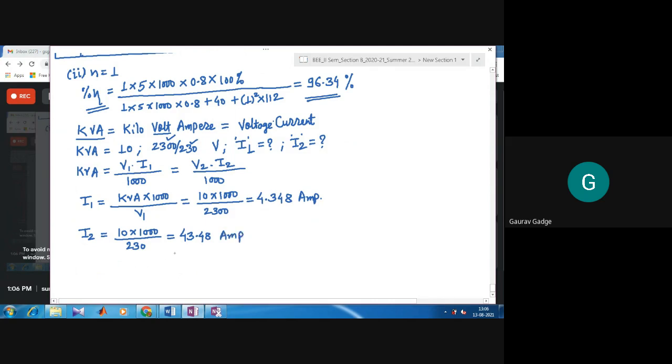Here you can see, friends, V1 upon V2 is given as 2300 upon 230.